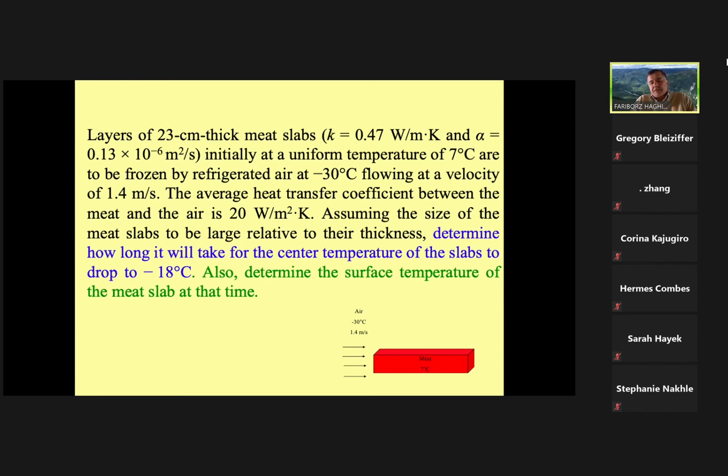The air velocity is 1.4 meter per second, and the heat transfer coefficient is 20. How long would it take for the center temperature of the slab to be minus 18? Which technique should we use?